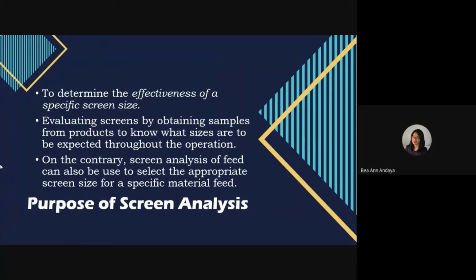So it is stated here that screen analysis is also used in order to select the appropriate screen size for a specific material feed. Kaya sinabi natin dito na specific material feed kasi hindi naman lahat ng feed natin ay pare-parehas ang screen na ginagamit. Let's say if we are going to screen some aggregates, some grains, or other chemicals, ibig sabihin meron silang kanya-kanyang screening specifications na kailangang gamitin.